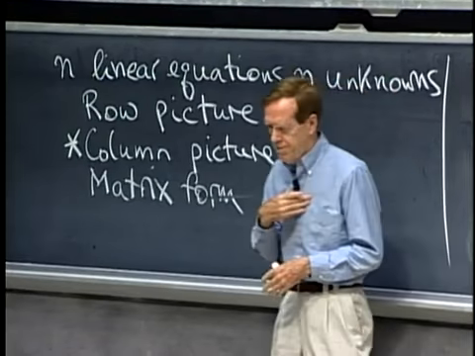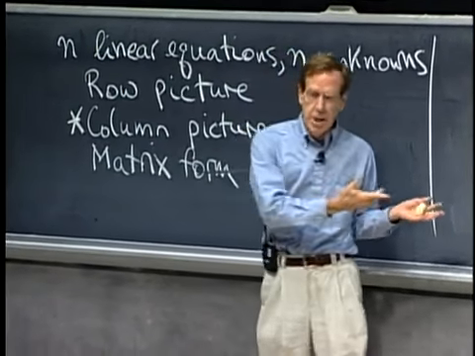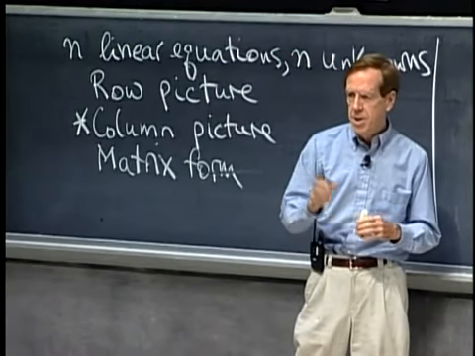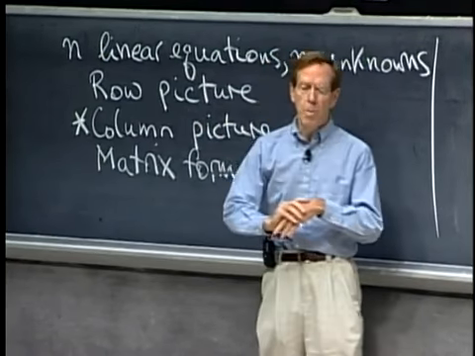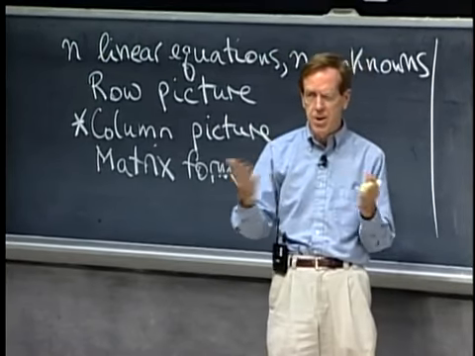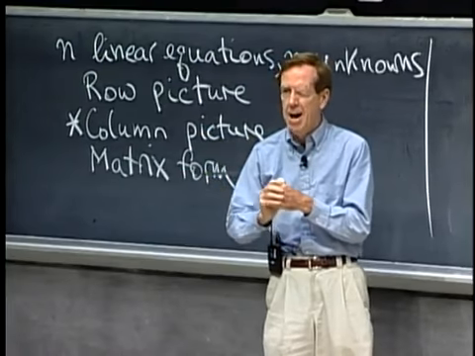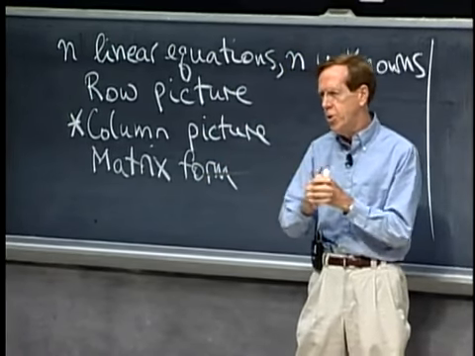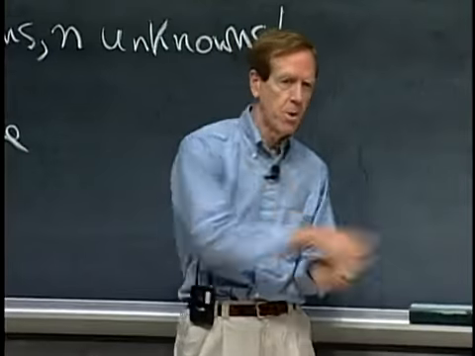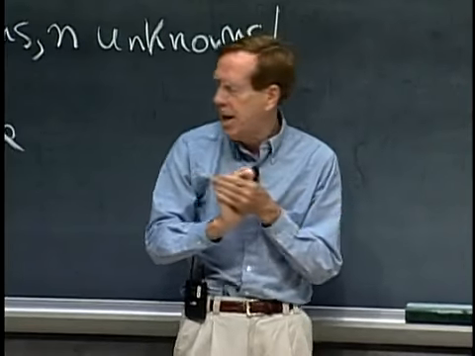And what I want to do is, with examples, of course, to describe first what I call the row picture. That's the picture of one equation at a time. It's the picture you've seen before in 2x2 equations where lines meet. So in a minute, you'll see lines meeting.